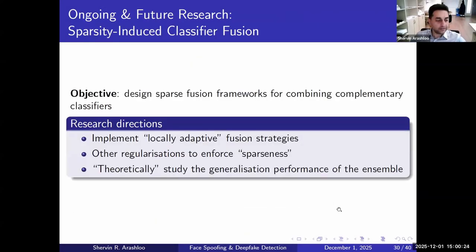In terms of classifier fusion, we can assign different weights to different classifiers based on which local region of the feature space those classifiers are in. So locally adaptive weighting is one possibility. And also we didn't theoretically study the fusion compared to a single classifier. That's another possibility.